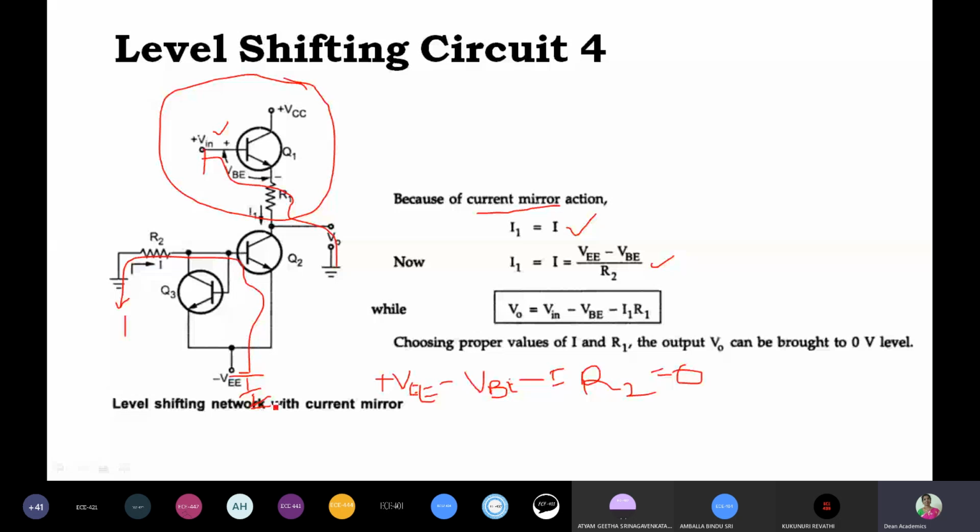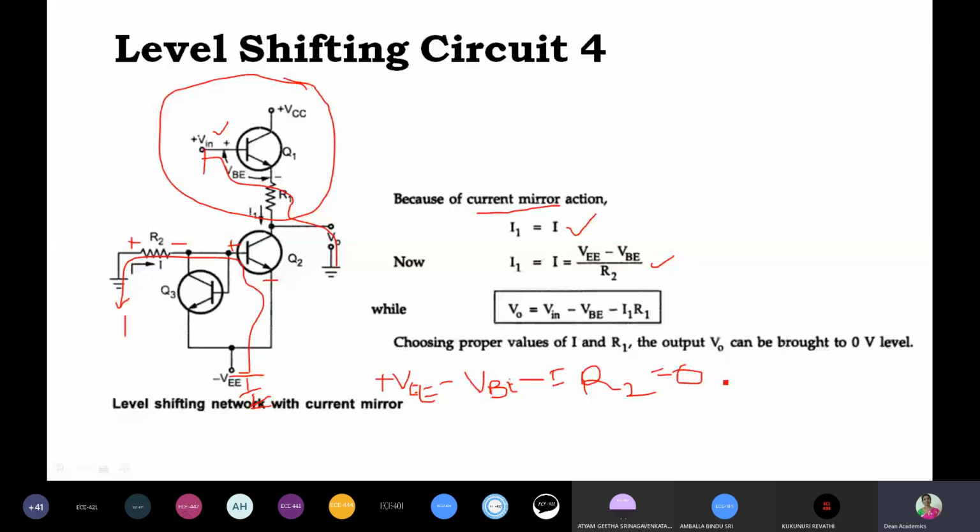So this is the closed loop. When you start from the source, the first terminal you see is plus VEE, and since this is plus and this is minus, minus VBE. And this is the current entering terminal of the resistor and this is the leaving terminal, therefore plus VEE minus VBE minus IR2 equal to 0.